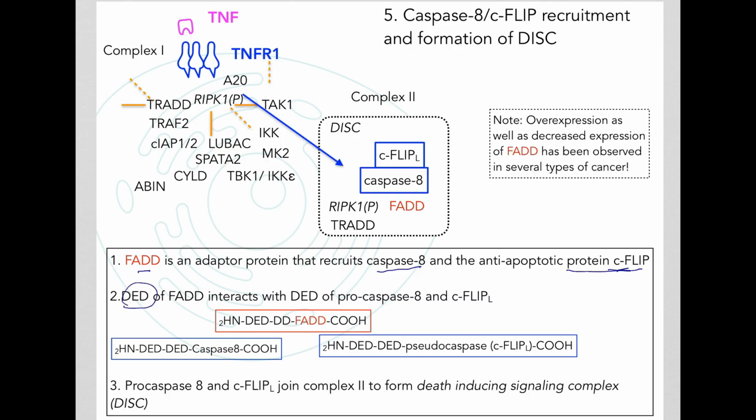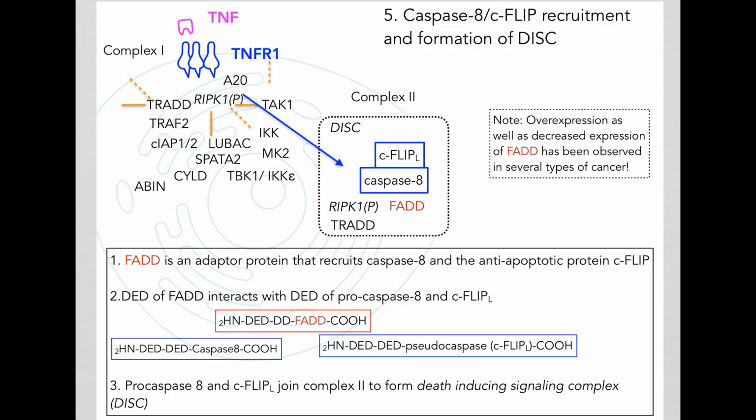You can see the DD of FADD interacting with the DD of procaspase 8 as well as the DD domain of this protein CFLIP. And so through this interaction, CFLIP and procaspase 8 will now attach to FADD, which is part of complex 2.